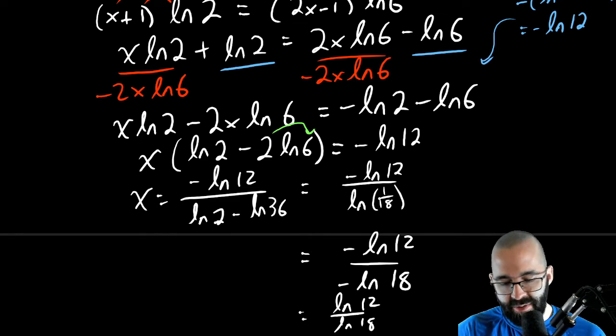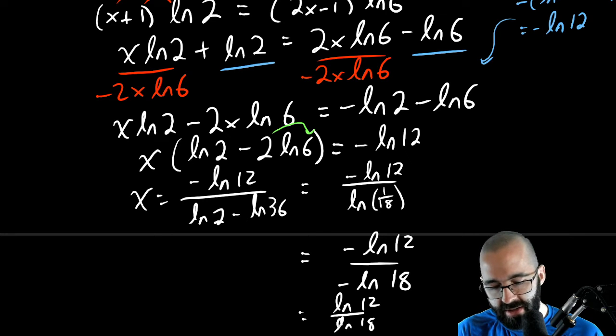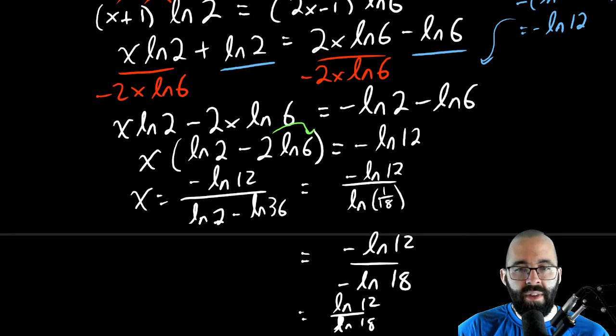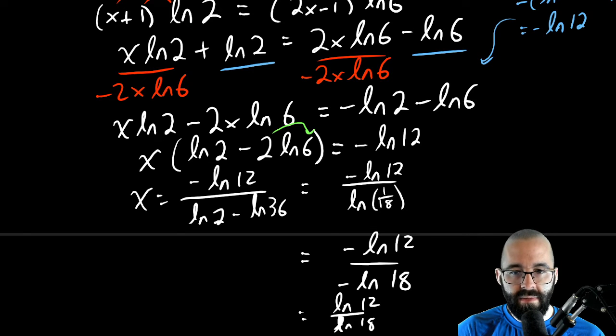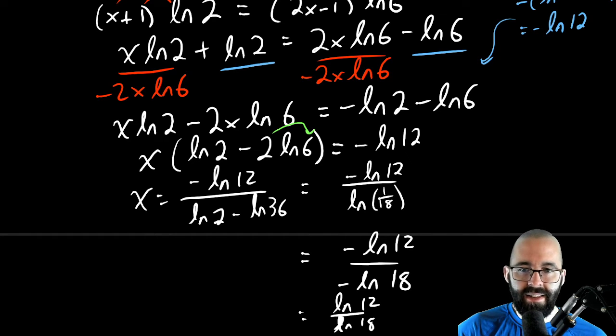And this is where it becomes really, really important. These don't reduce in the traditional way. It's 2 times 4 and 2 times 9.